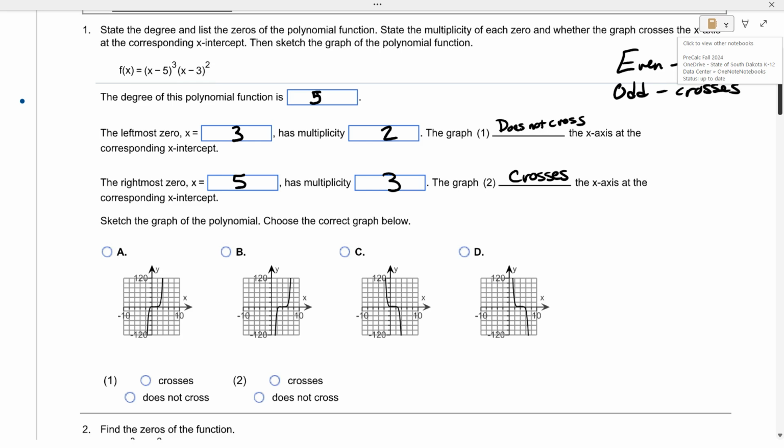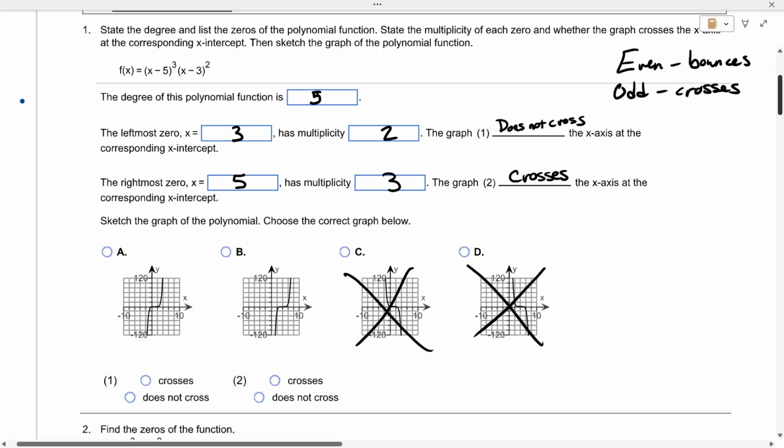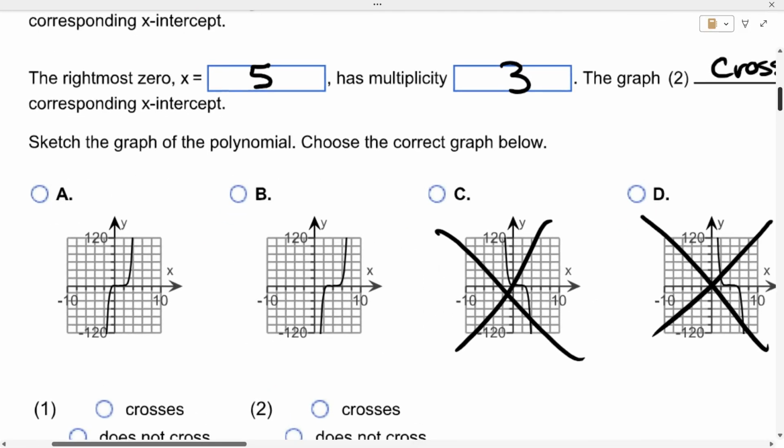These x's are both positive, so it'll finish ending up. So it's not these two. It's going to bounce at 3 and cross at 5. This is kind of hard to see, but I don't think it's this one, so I think they mean this one.